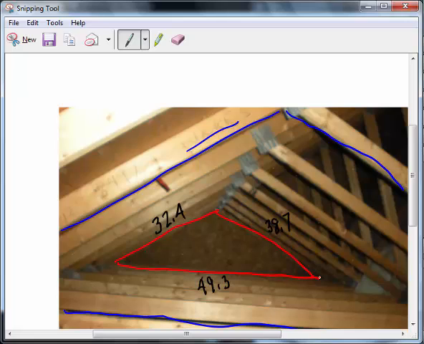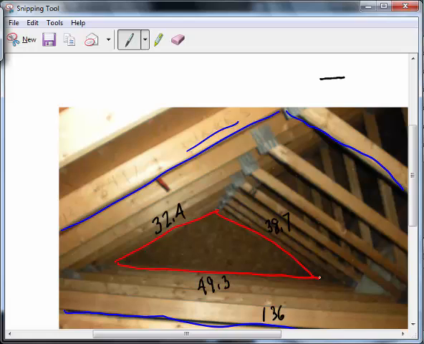For the other triangle, the only measurement that I know is this bottom side is 136 inches. I just made those numbers up, by the way. But we should be able to figure out the other three sides, setting up a proportion.